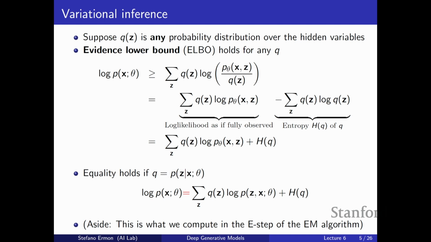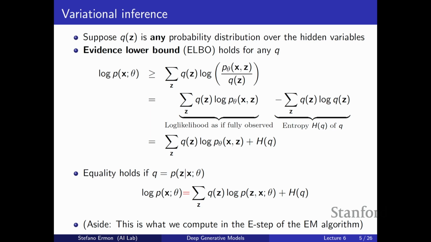They both try to address the same problem, learning models when you have missing data. EM is not scalable, doesn't quite work in the context of deep generative models, but these two methods are closely related, and that's why the optimal choice of Q would be the conditional distribution of the latent variables given X.